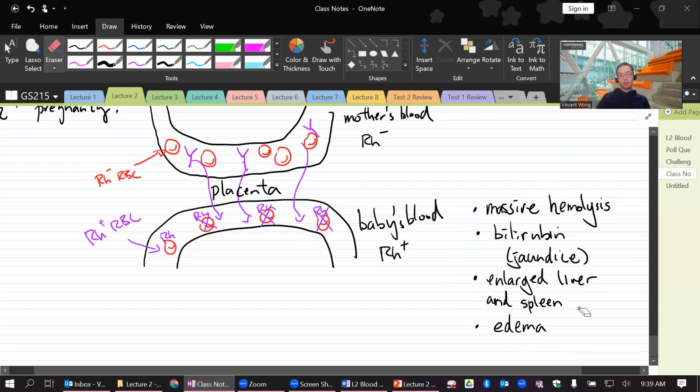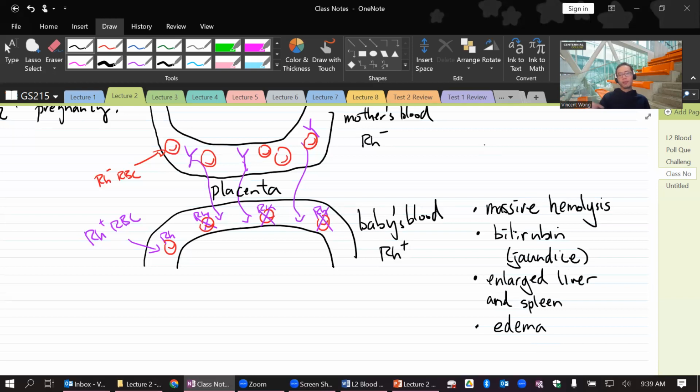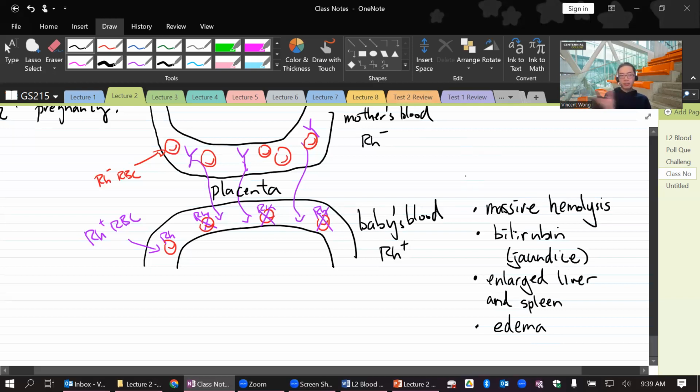Okay, so these symptoms could be very severe if the reason is Rh mismatch. Okay, and this is not restricted to the Rh blood group. It can happen with any blood group if there is a mismatch, but the severity does vary depending on which blood group you're talking about.